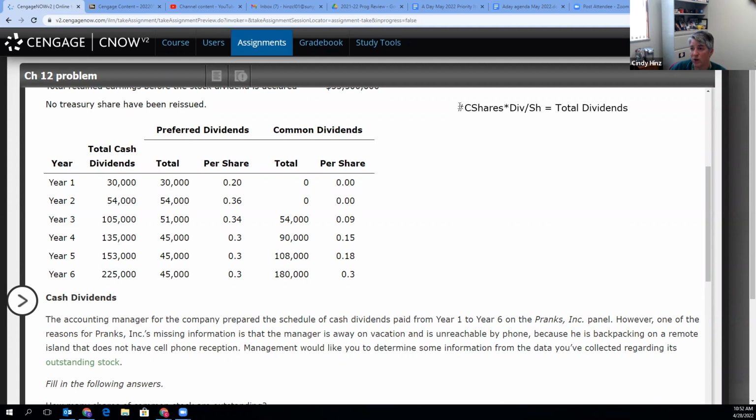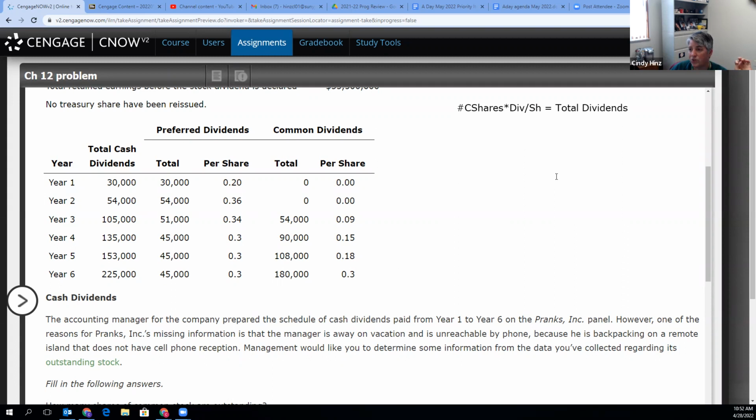Well, in this case, what we don't know is the number of common shares. But we do know for 4 years the total that was paid, and I'll just use year 6: $180,000 in dividends were paid, and that was 30 cents per share.